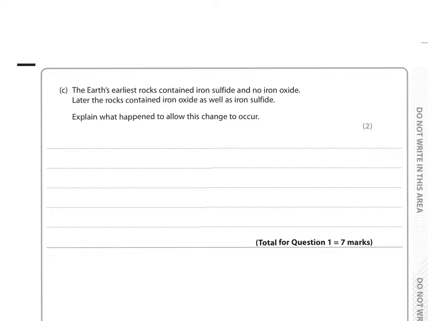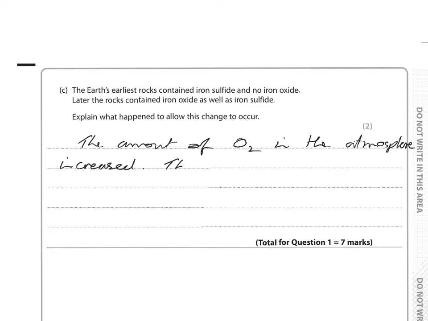So the 2 marks for saying 1, the amount of oxygen in the atmosphere increased, and number 2, the O2 reacted with iron to form iron oxide.